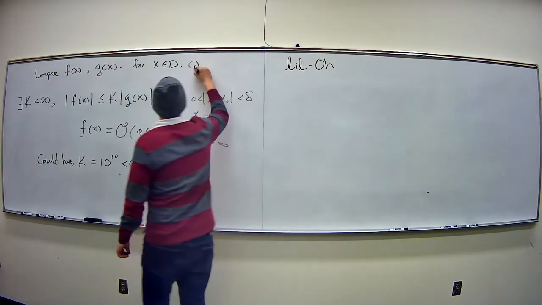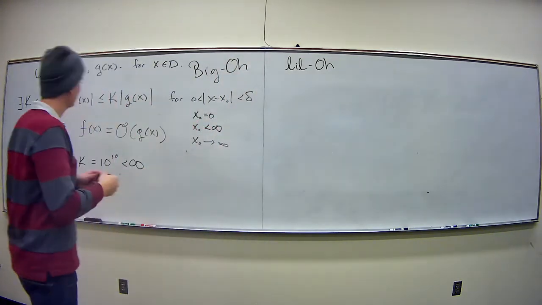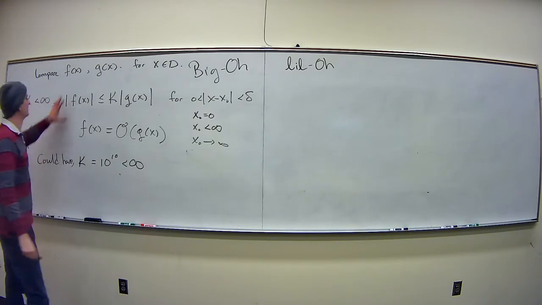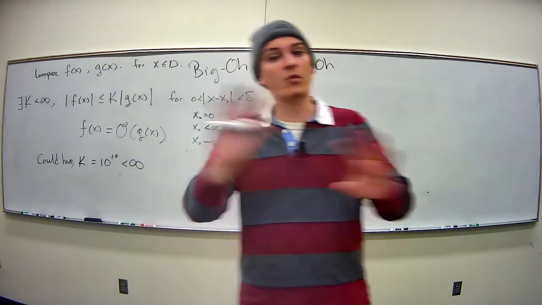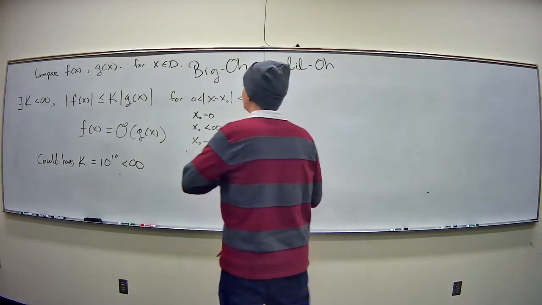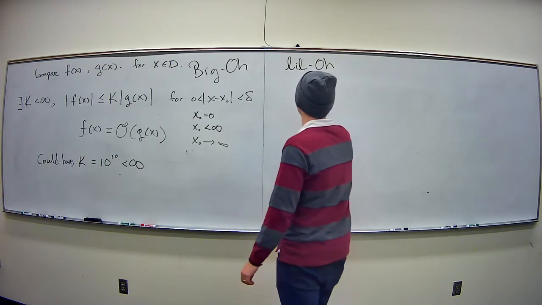And then you have another way to compare, and that's little o. So this is big O. The other one is a stronger condition, and that's the idea of comparing two functions where it doesn't matter what positive exponent you have, this would still be the case. So, little o notation.